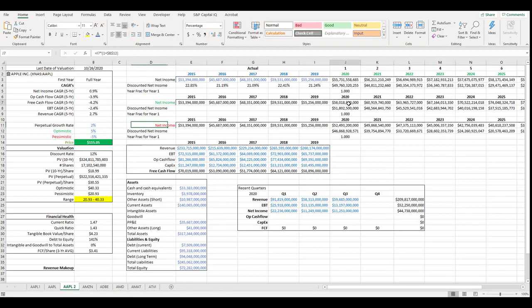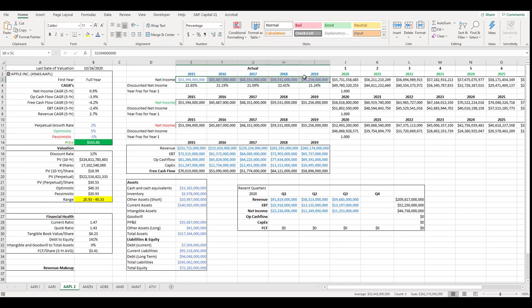So this row is calculating 5% CAGR, compounded annual growth rate, and then this one is calculating a -5% growth rate. So each year, the net income is getting smaller and smaller. That's the growth rates I use.